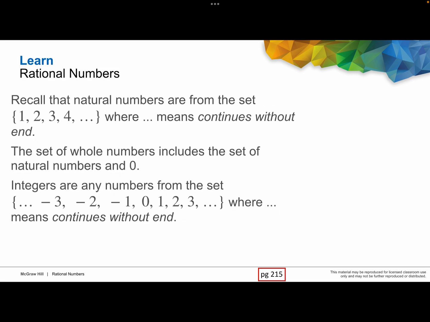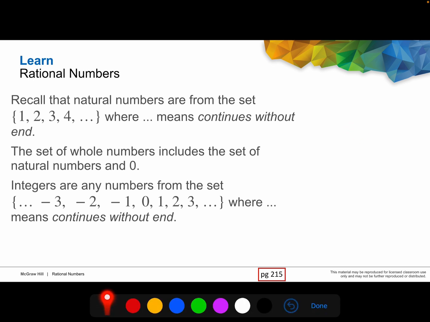All right, so let's do a quick recall. We know that natural numbers, which I'm going to denote using N, are the numbers 1, 2, 3, 4, and so on. And then we have whole numbers, which I'm going to denote using W, which is the entire set of natural numbers plus the number 0.